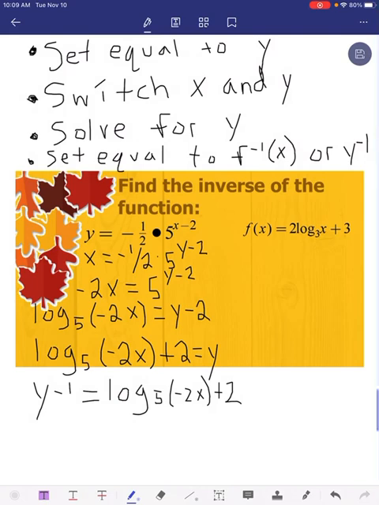Now, since exponentials and logarithms are inverses, that means that it goes both ways. So logarithms are the inverse of exponentials, but exponentials are also the inverse of logarithms. So we can also find the inverse for our logarithms. So our first step, in this case, we will have to set it equal to y.